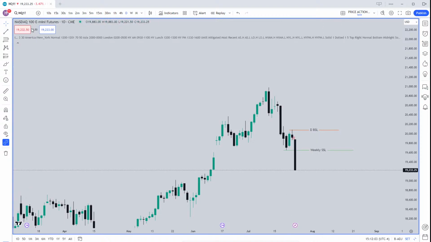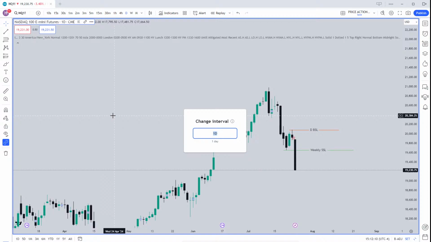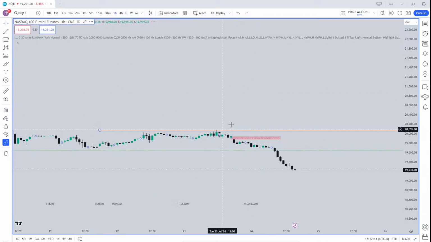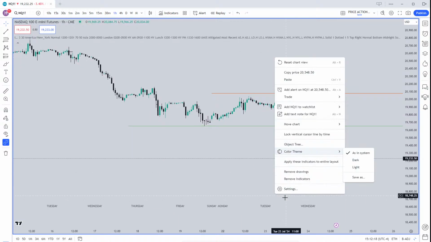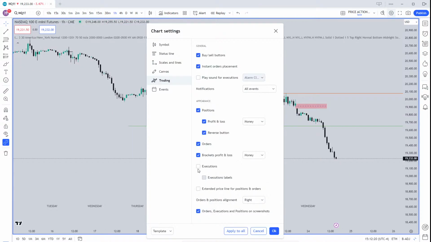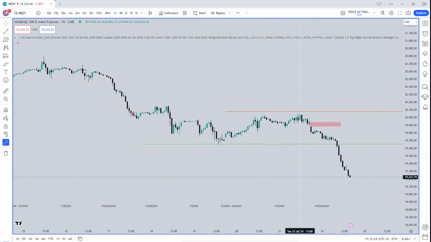So let's go to our 1 hour. Alright, on the 1 hour time frame. By the way, I did take some trades this morning. I wanted to share them with you guys, but it wouldn't let me.